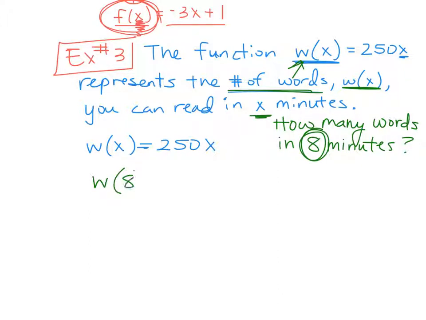That means we can say the number of words in 8 minutes, so w of x is 250 times 8, okay? W of 8, in other words, the number of words you could read in 8 minutes is 250 times 8. That means when I plug an 8 in, so w of 8, I will get how many words?